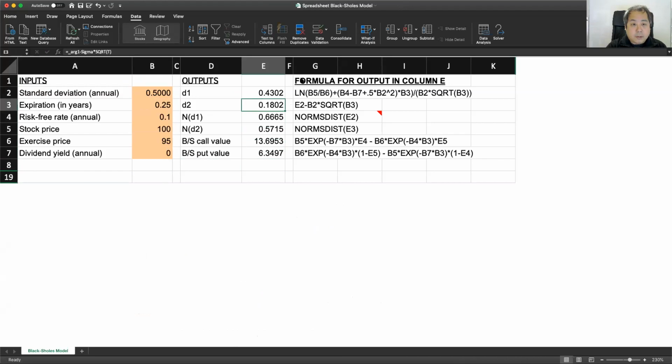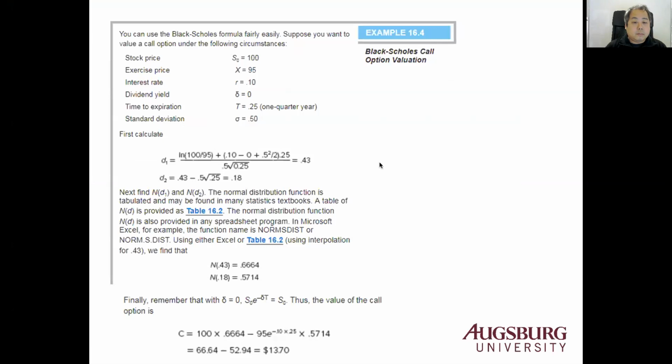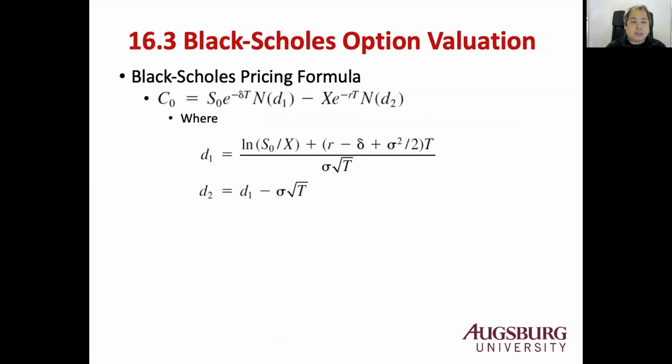As you know, we have to calculate D1 and D2 first, right? So if you go back to the slide, D1 is the log of S0 divided by X, the exercise price, plus R, the interest rate, minus the dividend yield, plus the variance divided by 2, times T, divided by the volatility, the standard deviation, times the square root of T, right?